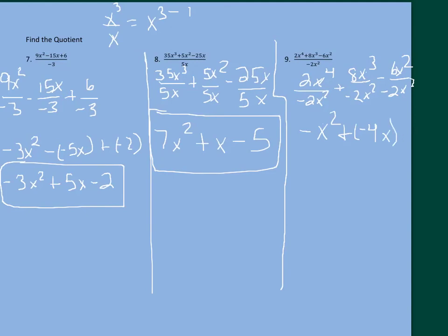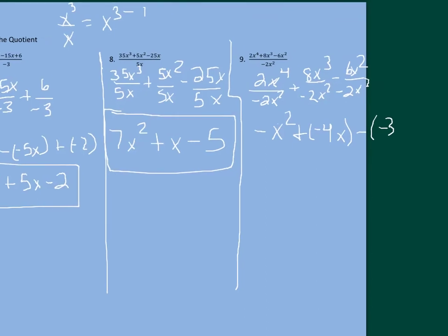X. Minus, what is 6 divided by negative 2? Negative 3. X squared divided by x squared? 1. So we get negative x squared minus 4x plus 3.